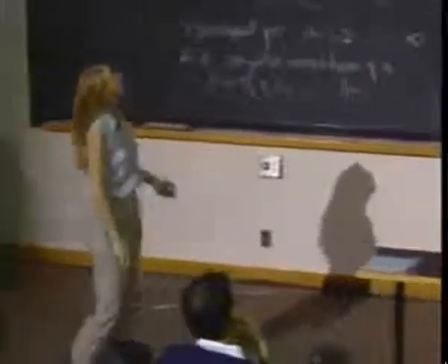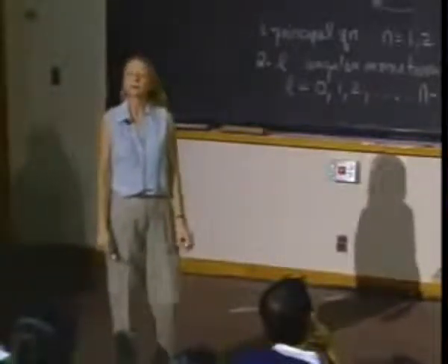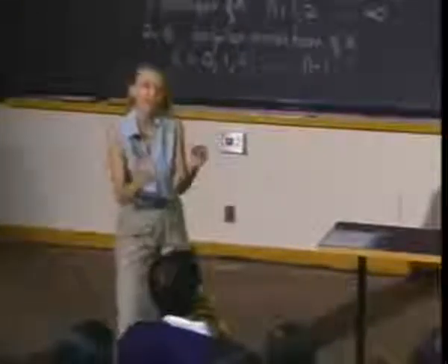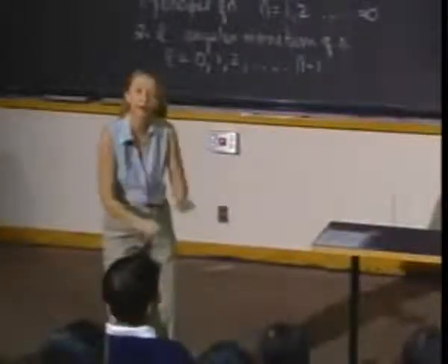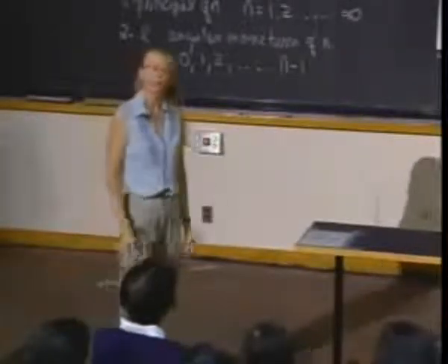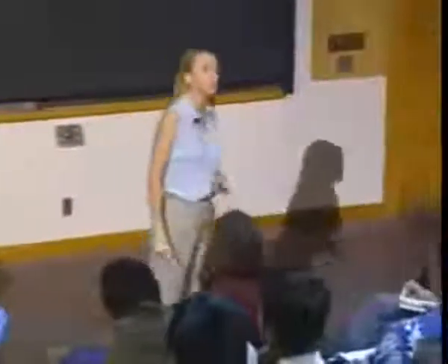So if l is 0, then m is 0. Can you see that? And so therefore, the label that we have to put to our ground state is the 1, 0, 0 state. So we're expanding our definition of the label of that state. Last time it was n equal 1. Now it's 1, 0, 0.